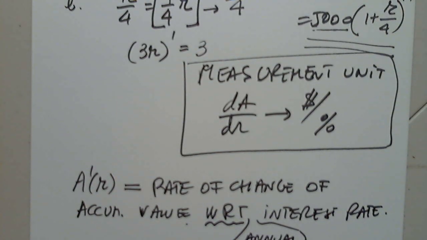So A prime of R is the rate of change of the accumulated value with respect to annual interest rate.